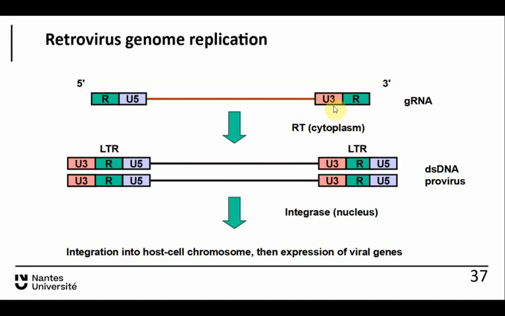Next to these are two untranslated regions, untranslated 5', that's U5, and untranslated 3', that's U3.